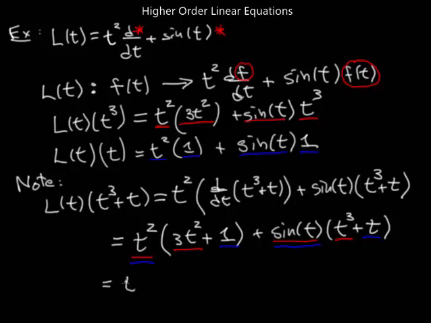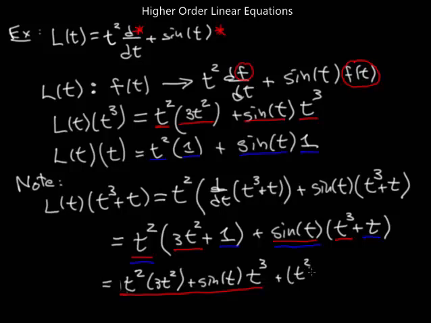So if I change the order, I can write this as t squared times 3t squared, I'm just taking the red terms now, plus sine of t times t cubed. That's the red terms. And the blue terms are t squared times 1 plus sine of t times t.